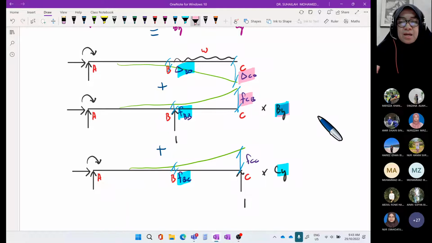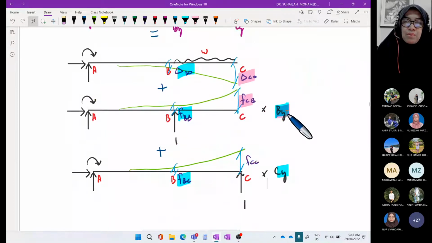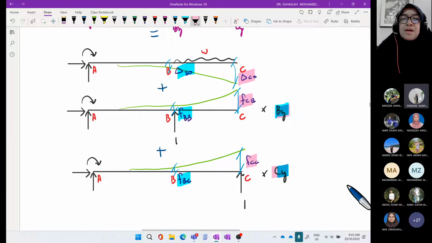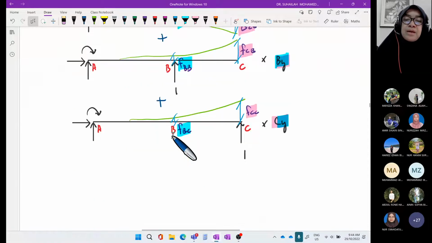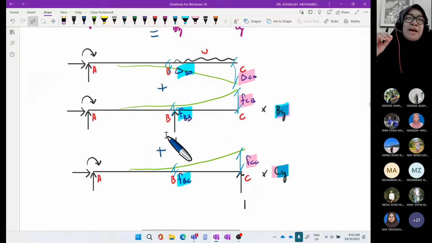So don't forget, it is FCB times BY plus FCC times CY. F cannot stand alone. In the compatibility equation, we must pair with redundant: FBB times BY, FBC times CY, FCB times BY, FCC times CY. Then only the equation will be correct. You cannot just write FBB plus FBC, cannot. We must pair with the redundant.